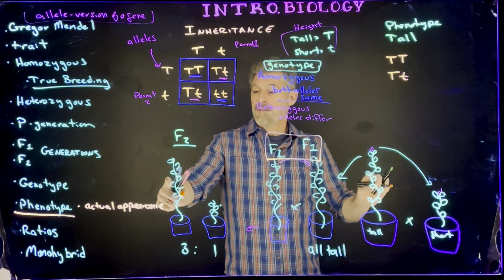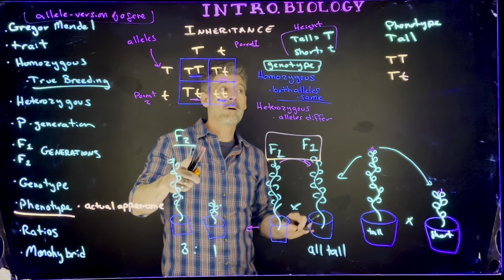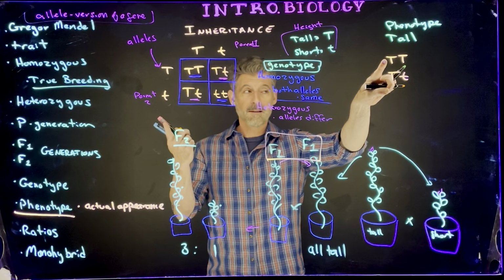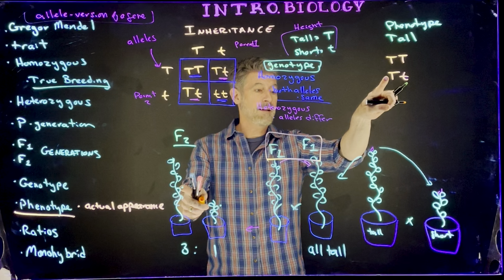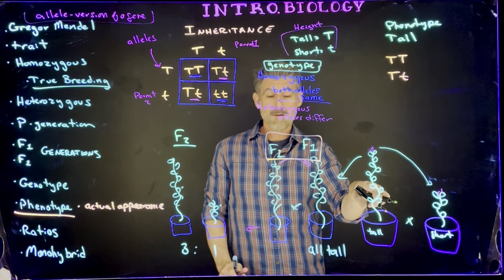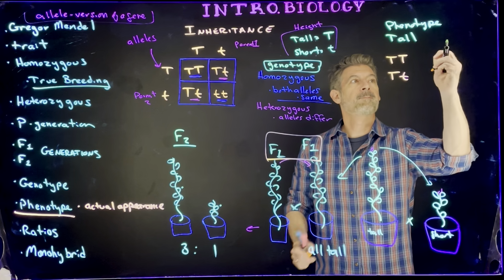So of these individuals, some of them are homozygous tall. They have two tall alleles. Some of them are heterozygous. All of these are heterozygous. These were homozygous. How do I know those things? Well, we'll get to that in a second.